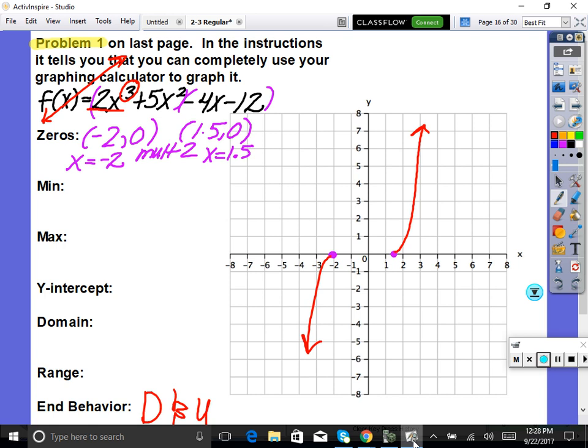You said the min was at 0.3, comma, negative 12.2. Were you all able to get it? So 0.3, which is over barely any, and then down, once again, it's off my graph.